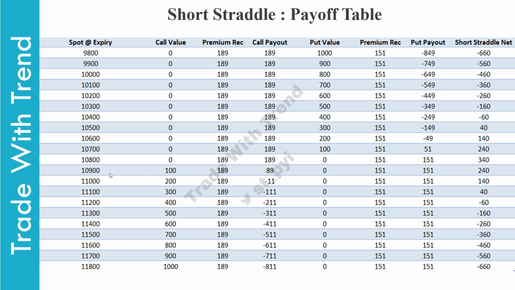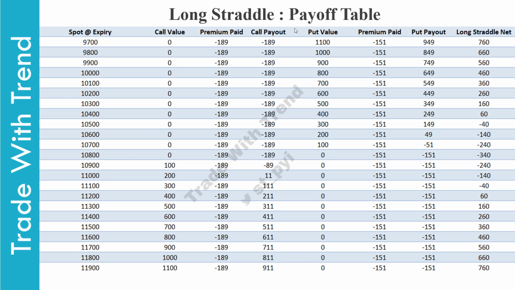Now similarly for long straddle, again this is the payoff table. What you can see here is that you make losses only when price stays between 10,460 and 11,140, and loss in this particular case is limited. And once price starts moving below 10,460 and above 11,140, that is when you gain maximum.